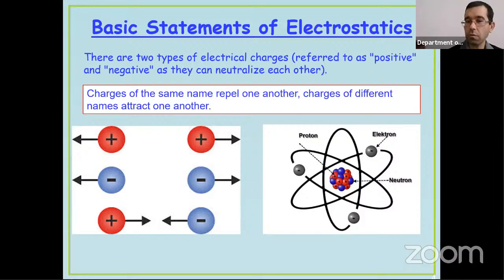Then in the beginning of the 20th century, it turned out that these two different states are associated with two different fundamental pieces of matter: in the material we have positively charged protons and negatively charged electrons, and out of these two fundamental particles, only electrons are mobile.